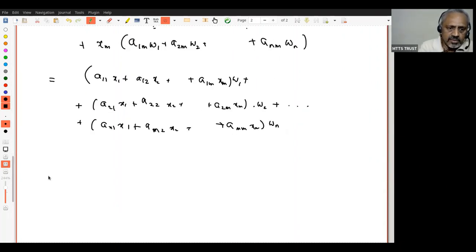In other words, let's employ a shortened notation. What is this?